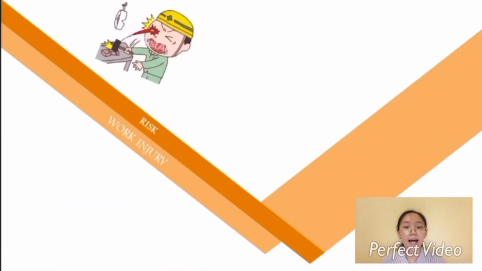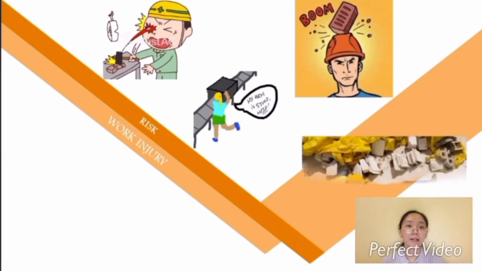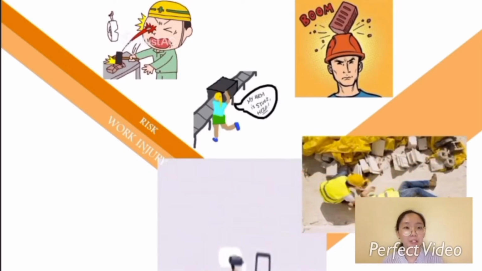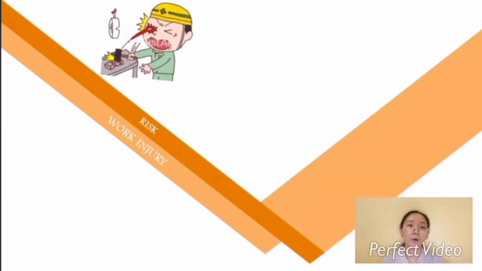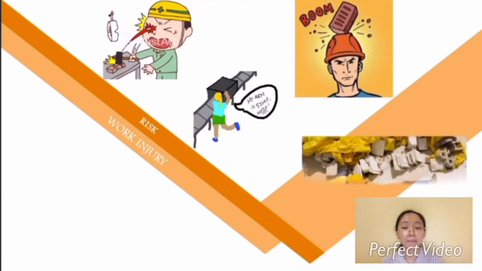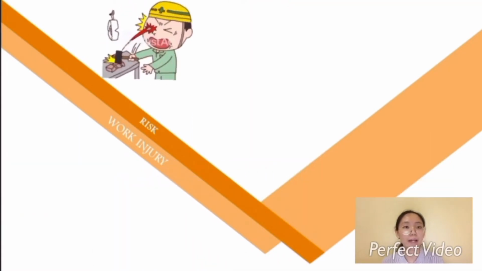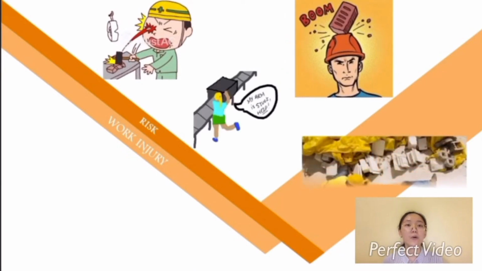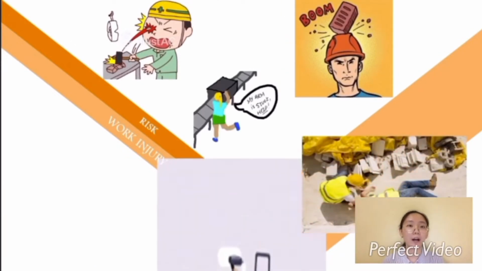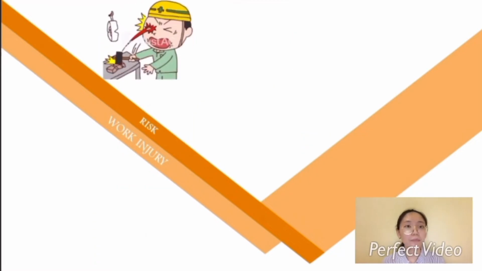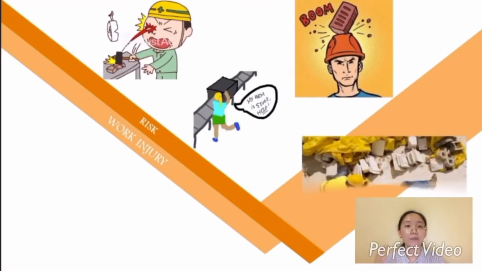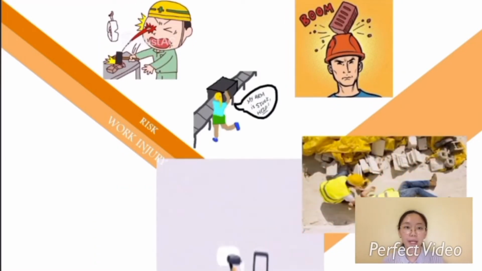And risk that often happens and may influence the workers in a company is something that would lead them to a work injury. And the question is, what is work injury? Work injury is a state where the worker gets hurt because of the work they were doing.